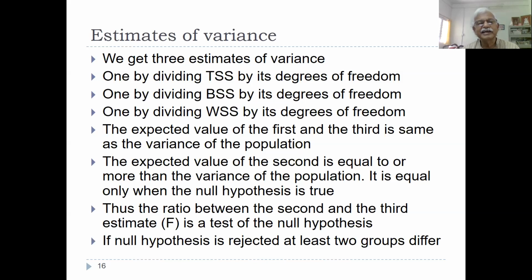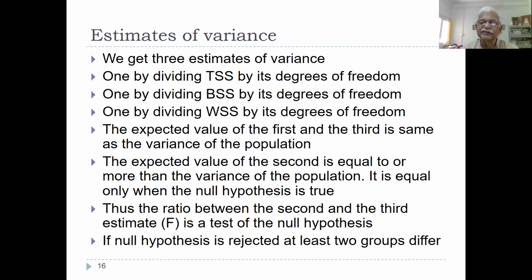And the same thing can be said about the within sum of squares. So the expected value of the estimate of variance of the population based on the within sum of squares is the same as the true variance of the population. However, the expected value of the second, meaning the between sum of squares, is equal to or more than the variance of the population. It is equal only when the null hypothesis is true.